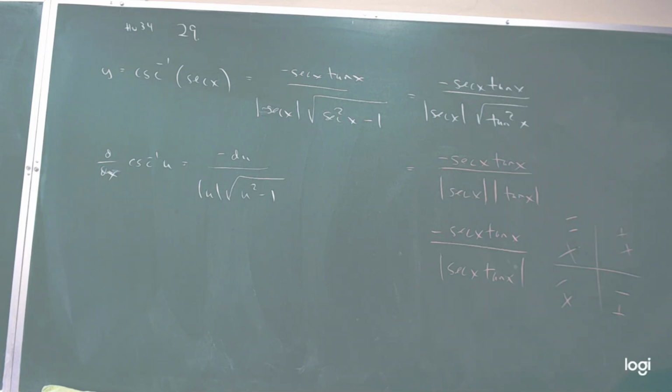Or, well, let's see. I take that back, because secant is going to be positive in quadrant 1 and 4 and negative in 2 and 3, right?